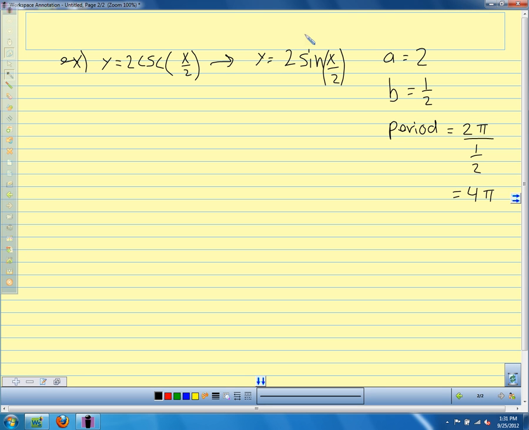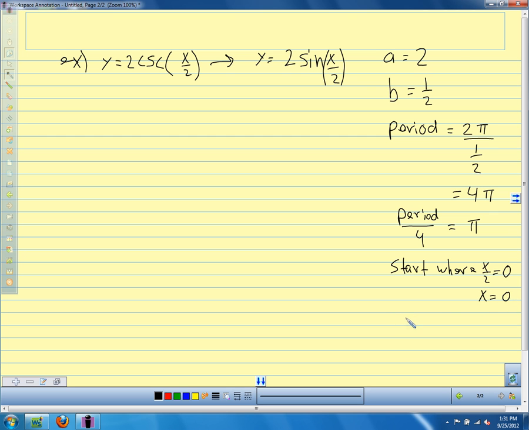All right, so our period is 4 pi, and for our interesting points, we're going to divide the period by 4. So we're going to look at every pi units. We're going to start our graph where x over 2 equals 0, or x equals 0.